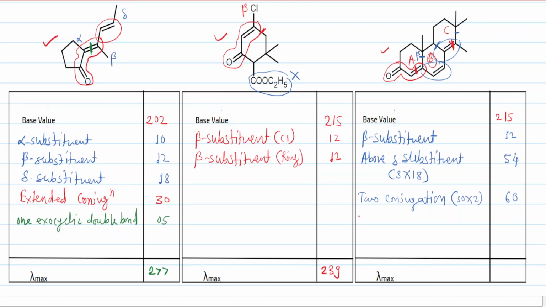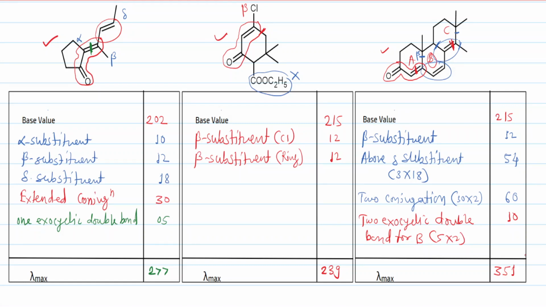So two exocyclic double bonds for ring B. So the total value is 5 into 2, which is equal to 10. By adding all these values, we get the lambda max value, that is 351 nanometer. In this way, we can calculate the lambda max values for various organic compounds by using the Woodward-Fieser rule.